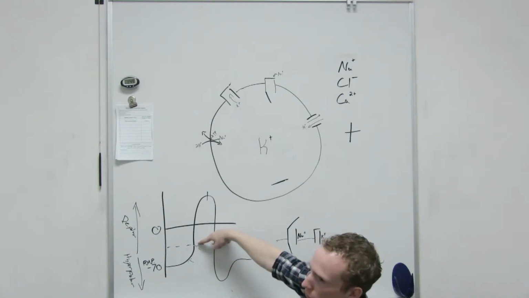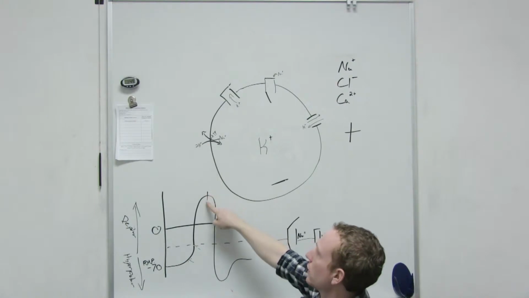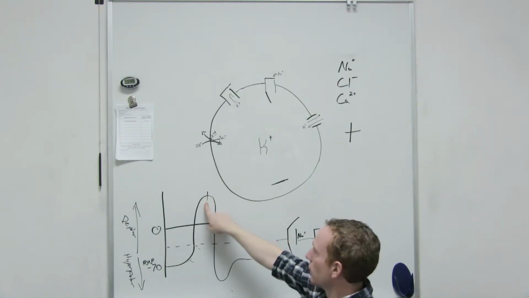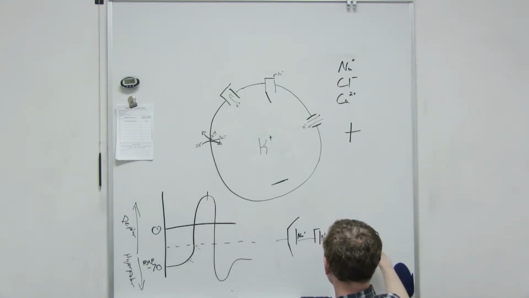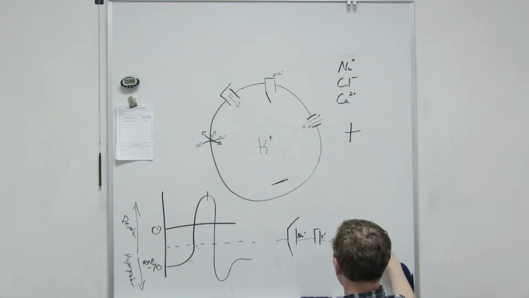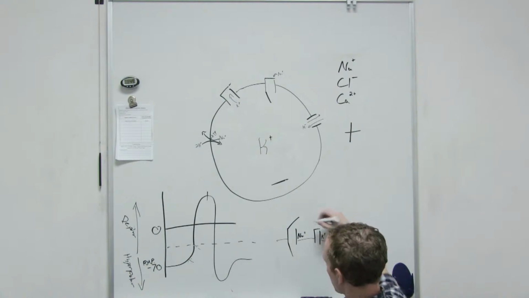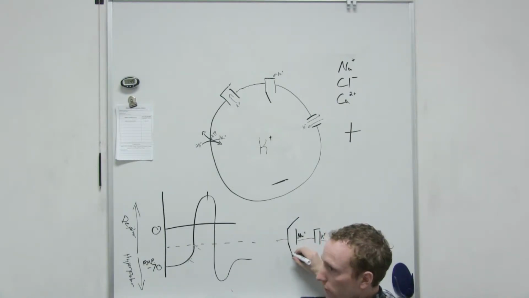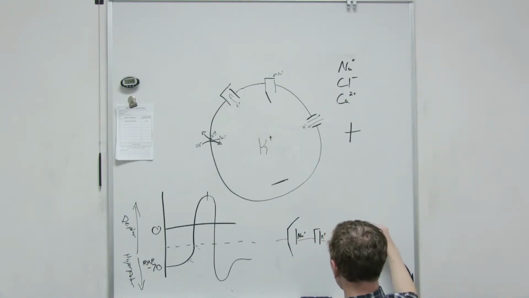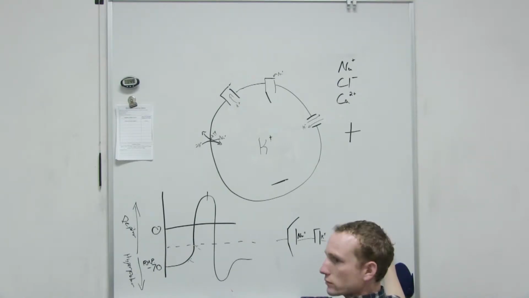All of the sodiums are going to fly open until up here. And what happens at this point is the sodium inactivation gate, because this is the activation gate, the inactivation gate closes. Okay?